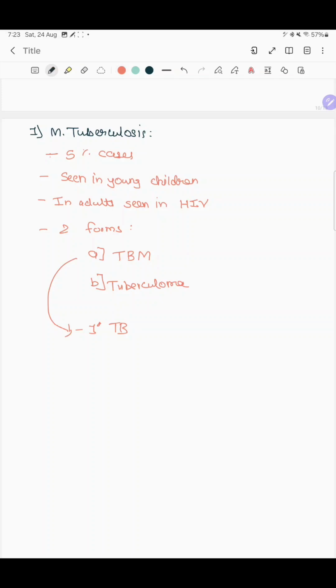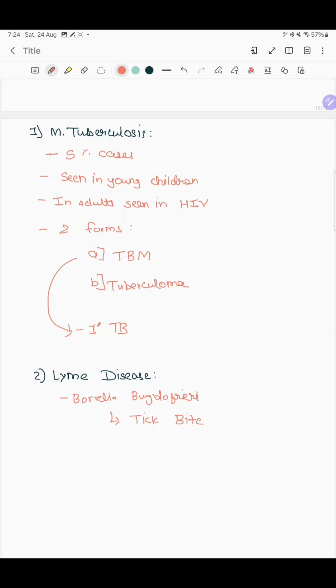Now the second is going to be Lyme disease. The causative agent is Borrelia burgdorferi. It is caused due to tick bite.